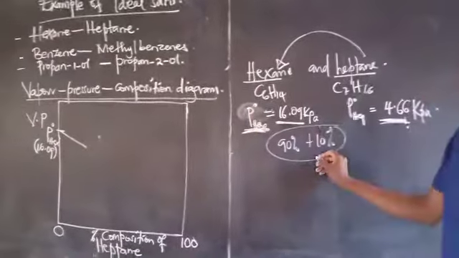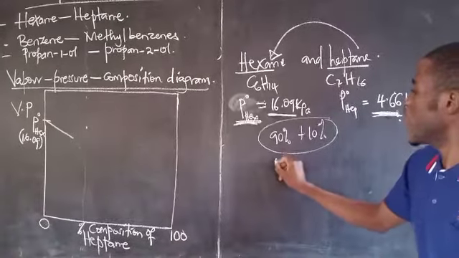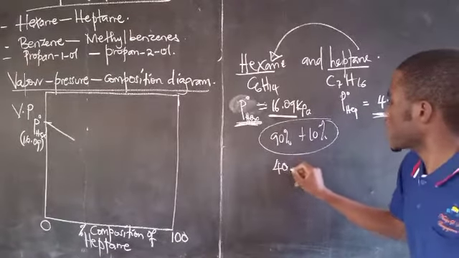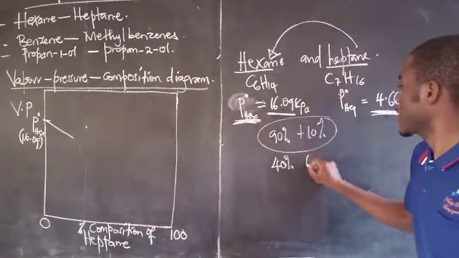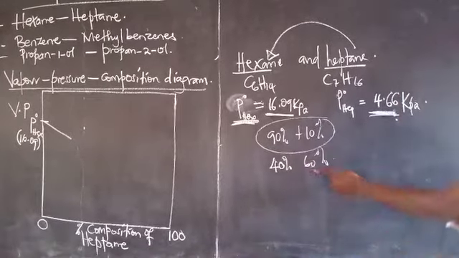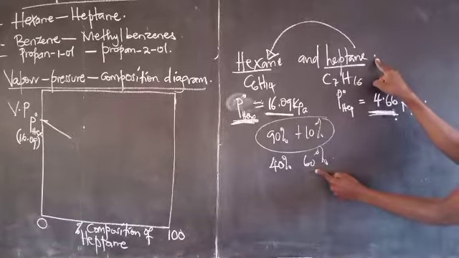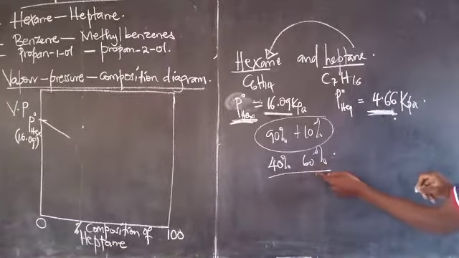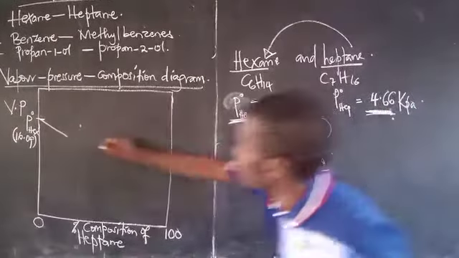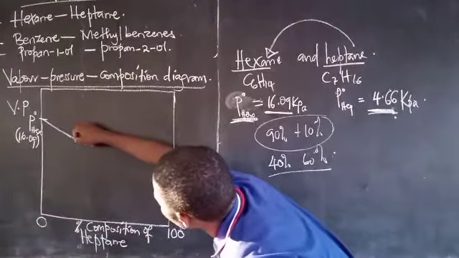When I continue like that until maybe I have 40% of hexane and 60% of heptane. Remember now, heptane will have overtaken hexane. This will be having much lower vapor pressure than hexane. It will be much lower.